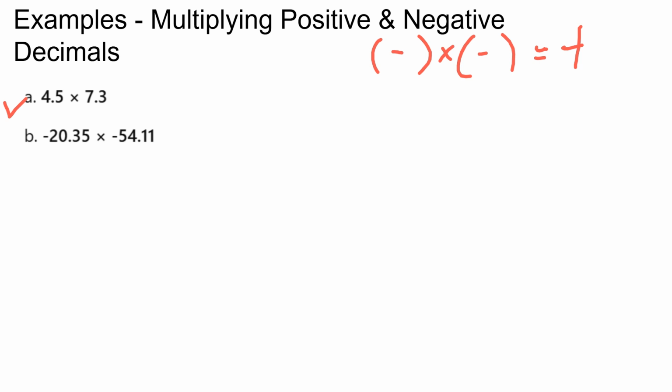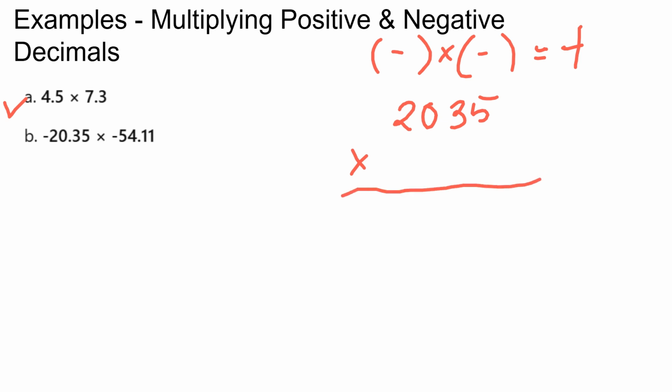Again, the first rule is to ignore the decimal point. Yes, ignore the decimal points and multiply as whole numbers. So we have 2035, and I'm going to multiply that by 5411. I did not remove the decimal point, but ignored it.